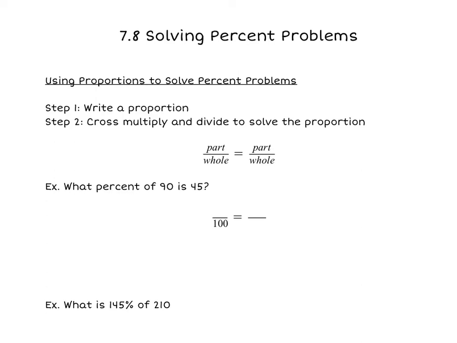What percent of 90 is 45? What's my answer? Is my answer going to be a percent or not a percent? A percent. What did we say about a percent? It's always over 100. So you are looking for the n value there, because it's the one over 100.